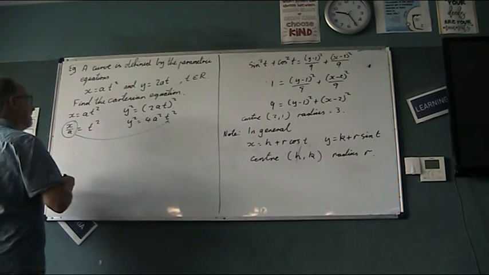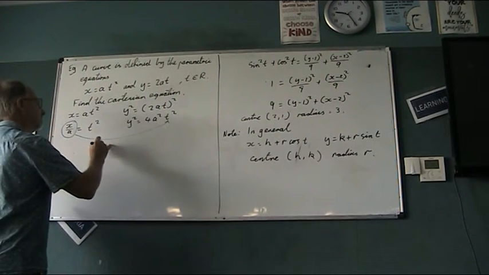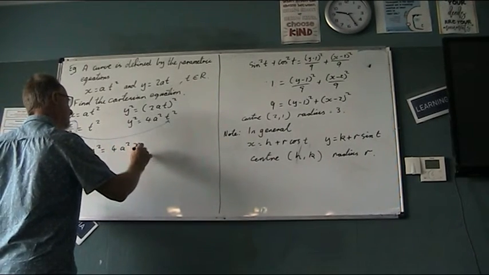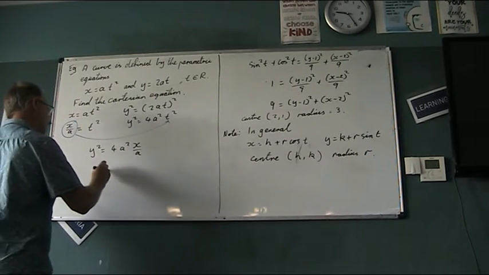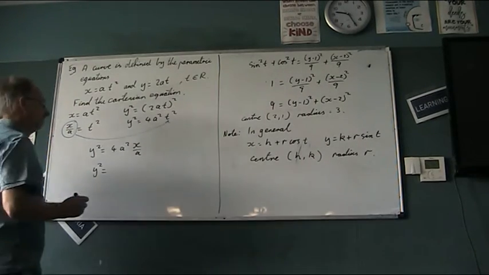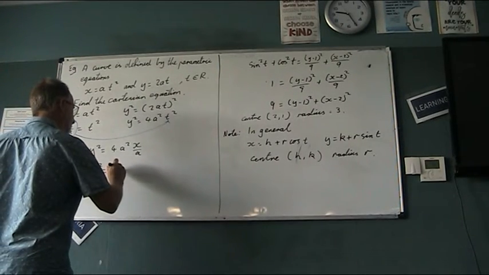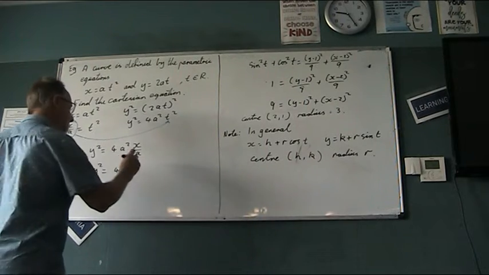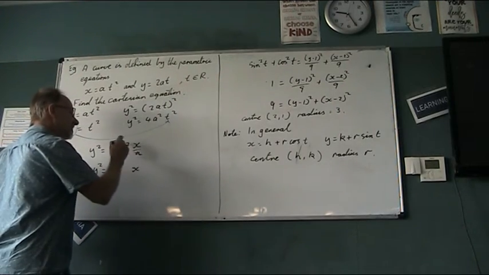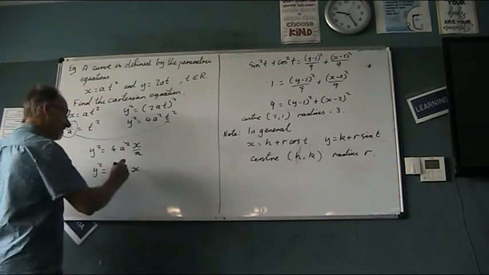So we've got then that y squared equals 4a squared x over a, which then becomes y squared equals 4ax. What happens with the a's? This one cancels with one of those, leaving just one.